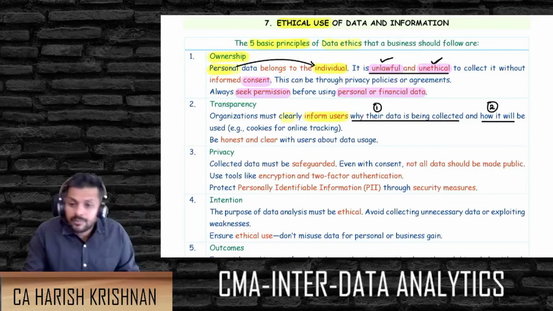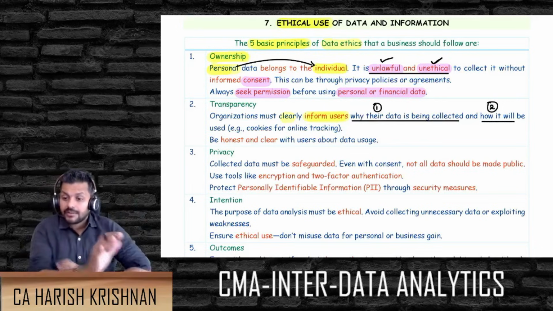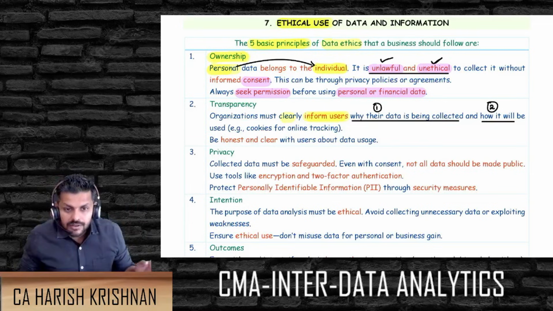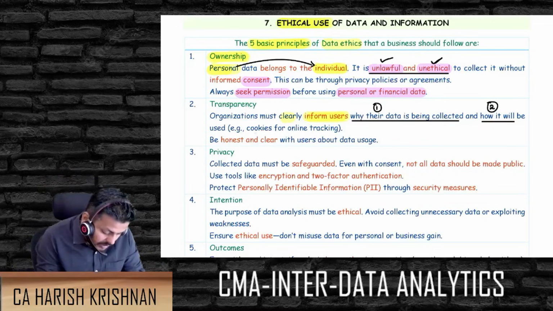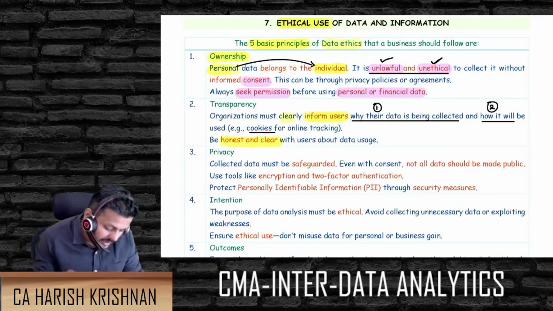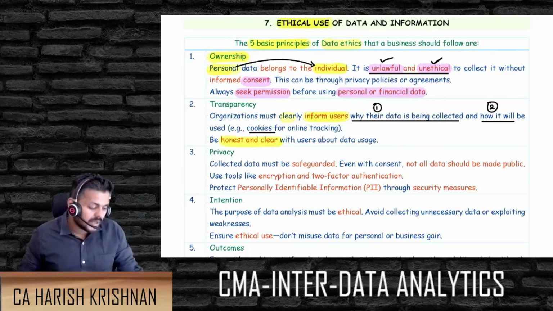Say, for example, many online websites now collect cookies data from you, based on what you have been recently using. Rule number 2: be honest and clear with users about data usage.